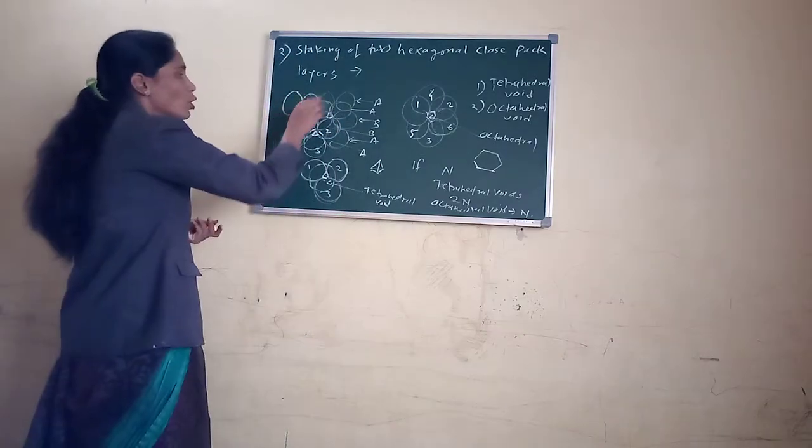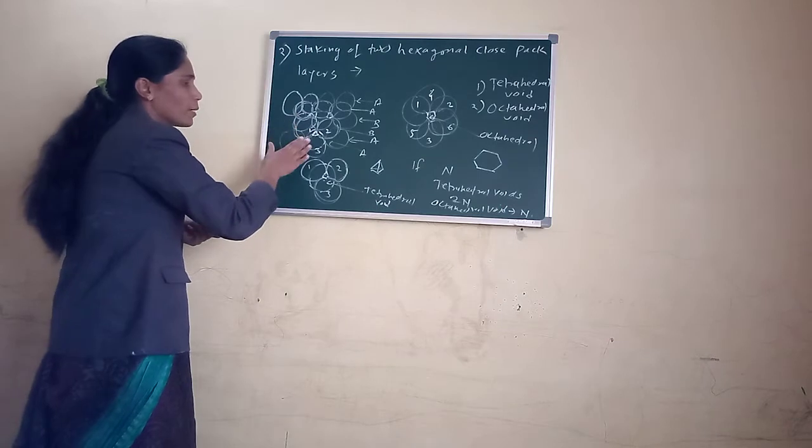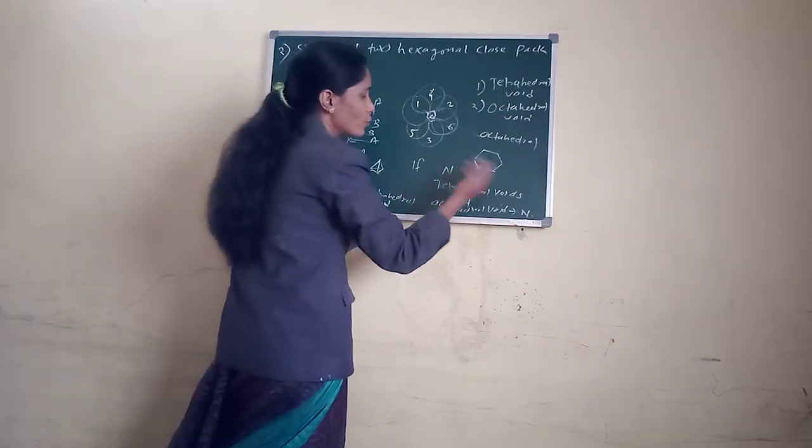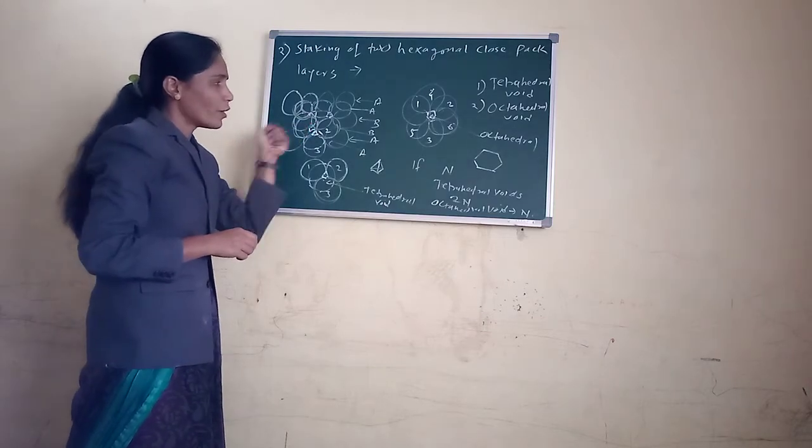It means the number of spheres and the number of octahedral voids are the same, and tetrahedral voids are two times the octahedral voids.